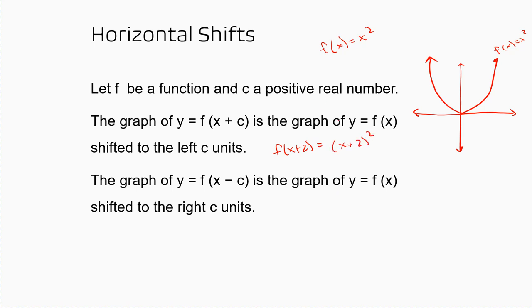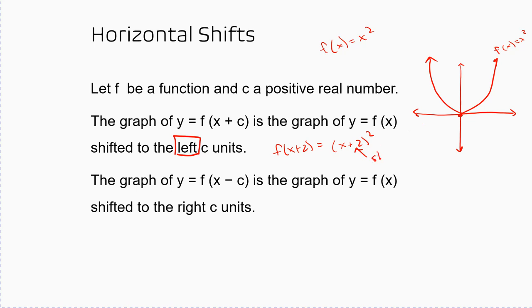The graph of y is equal to f of x plus c is the graph of y is equal to f of x shifted to the left c units. So when you have a plus in here, I know it seems weird because you think plus you go to the right. But whenever you have plus 2 here, you're going to move it to the left c units. So here's 0, 0. You're going to take this graph. Notice how it's x plus 2.